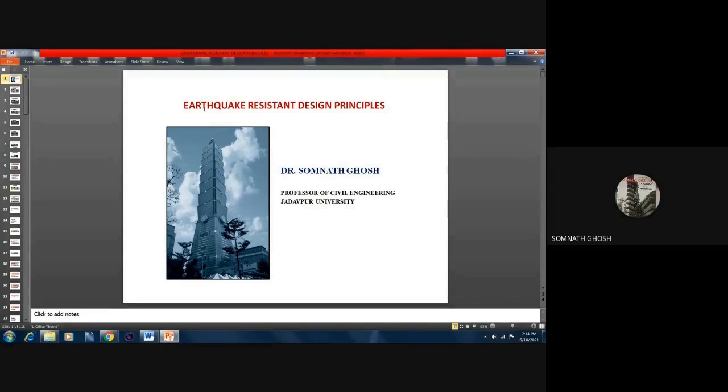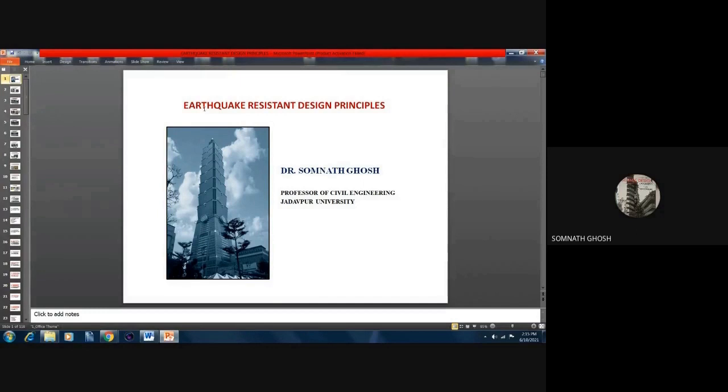And if we can appreciate the principles, then you will be able to apply the earthquake resistant design methodology which are given in the different codes, and accordingly you can implement it.